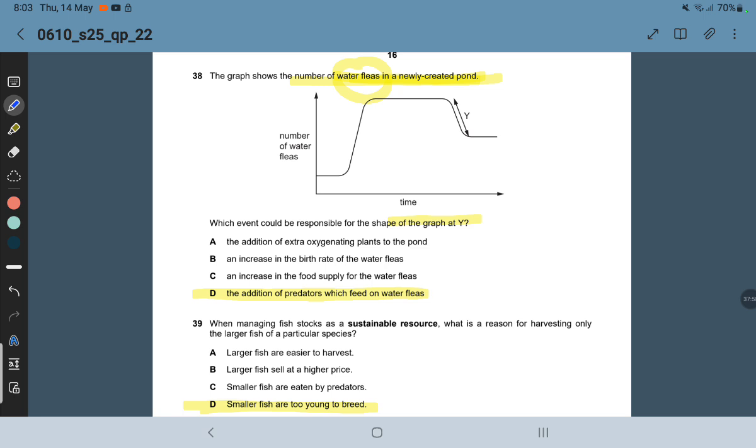Now addition of extra oxygenating plants to the pond will increase the number of water fleas and is not representable of shape Y.